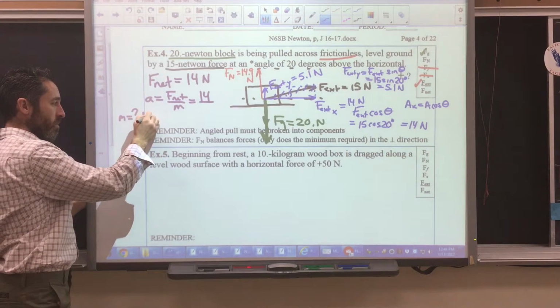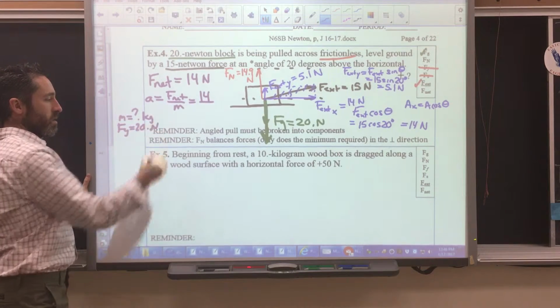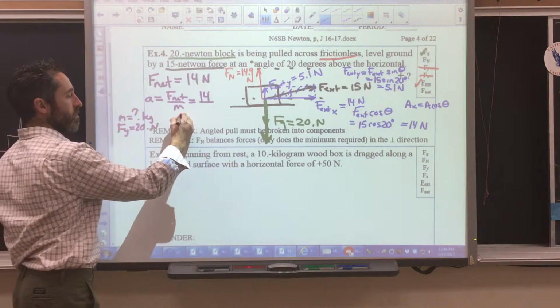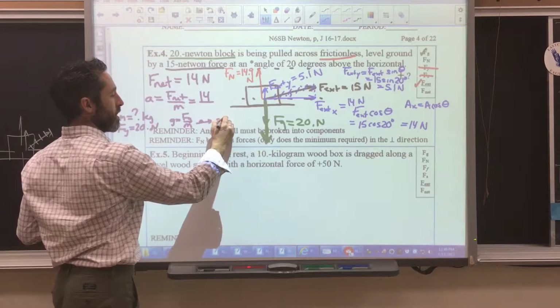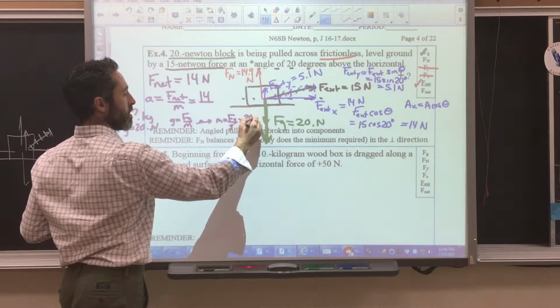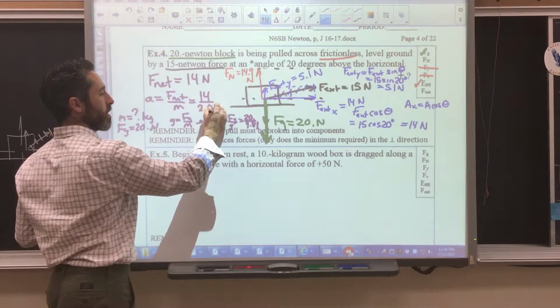Mass is question mark. Fg is 20 newtons. And it's pretty straightforward from here. Your equation is g equals Fg over m from the reference table, which you rearrange to m equals Fg over g, which is 20 over 9.81, which comes out to about 2 kilograms.